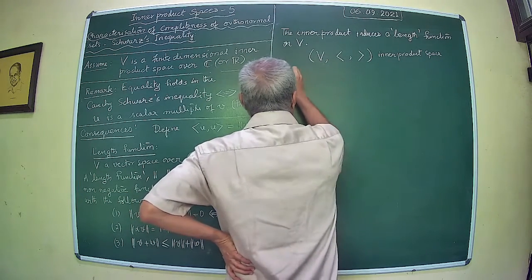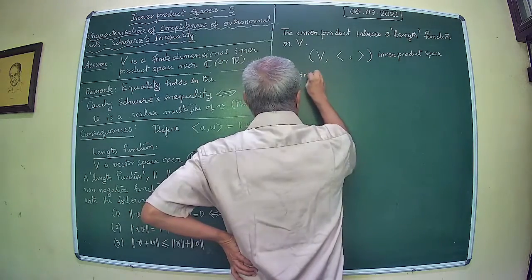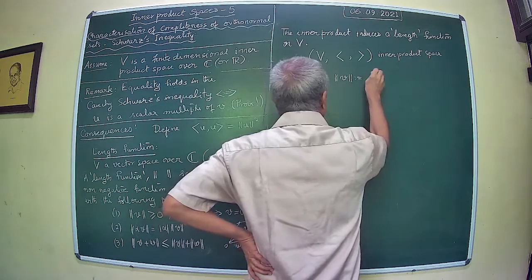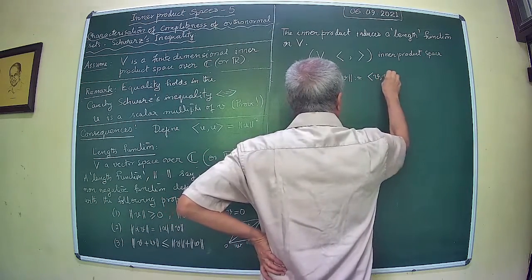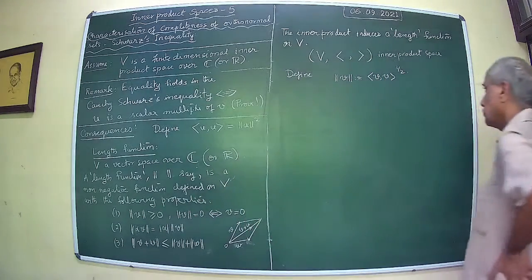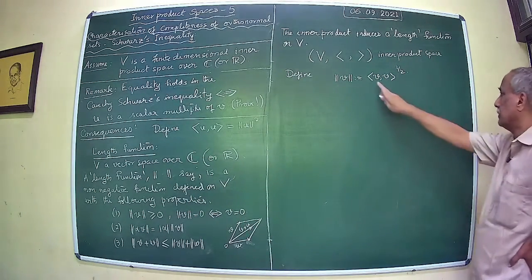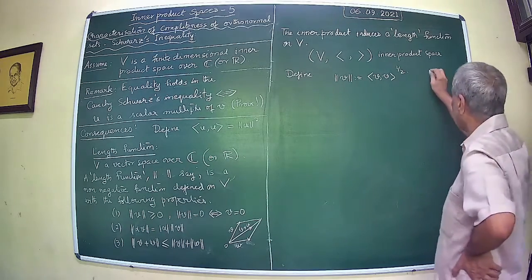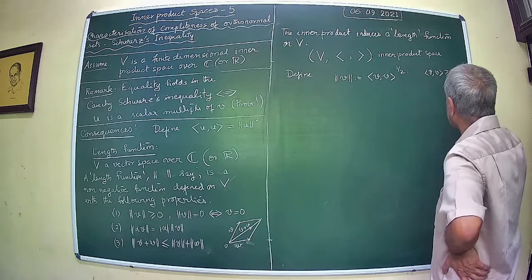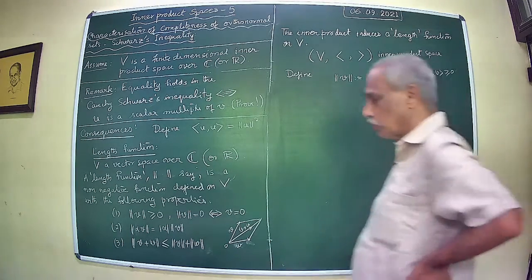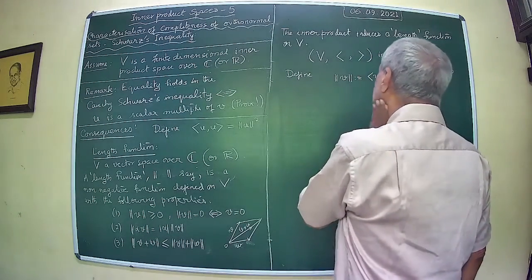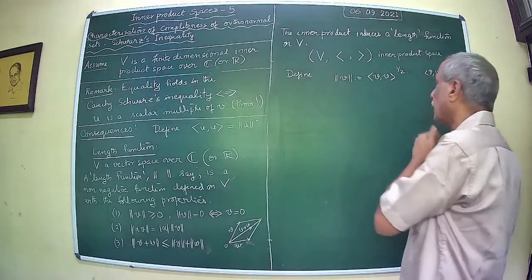So define the norm. You know that this is well defined because the inner product of V with V is greater than or equal to 0. Therefore, this square root is well defined. Now we show that this is a length function.